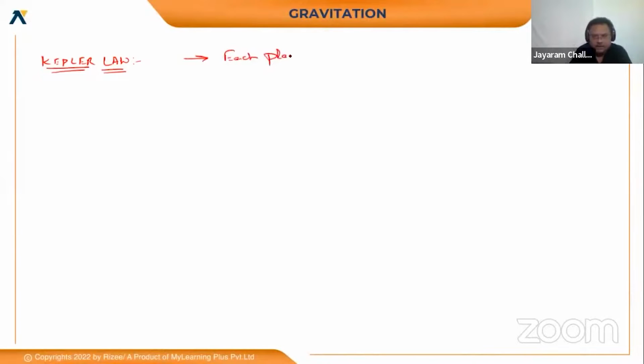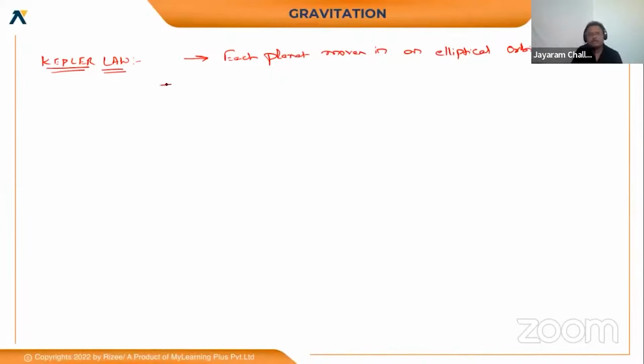Each planet moves in an elliptical orbit with the sun at one of the foci.